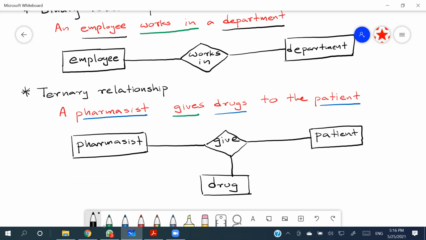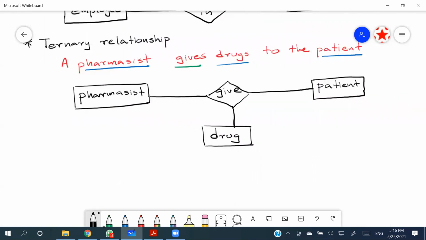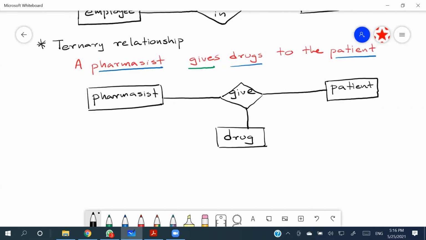The connection comes like this. So this is what we call a ternary relationship. And there is something called an n-ary relationship; it is not in the syllabus, but it's better you know.